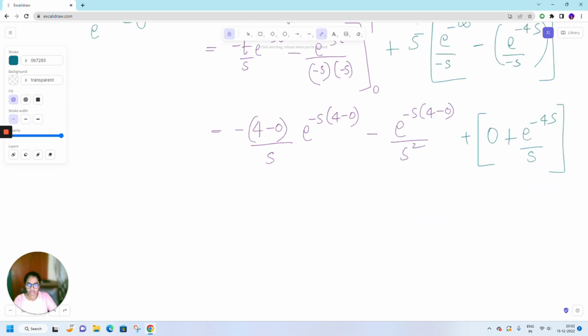So what do we get over here? We'll get minus 4 divided by s e to the power minus 4s, minus e to the power minus 4s divided by s square plus e to the power minus 4s divided by s.